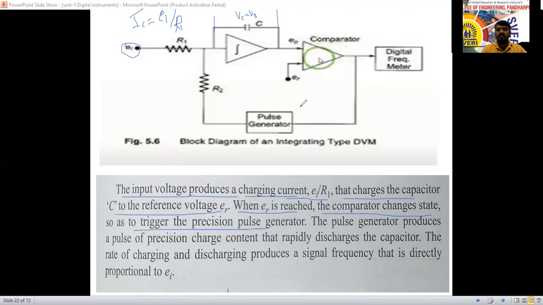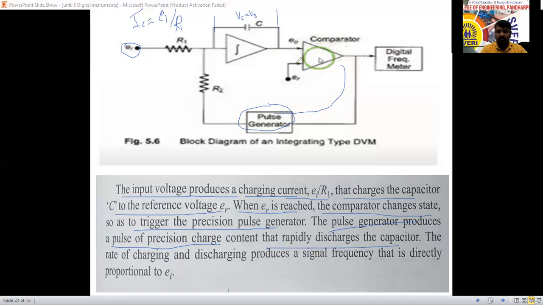The pulse generator produces a precision charge-content pulse that rapidly discharges the capacitor. Up to this point, there is no output at all.